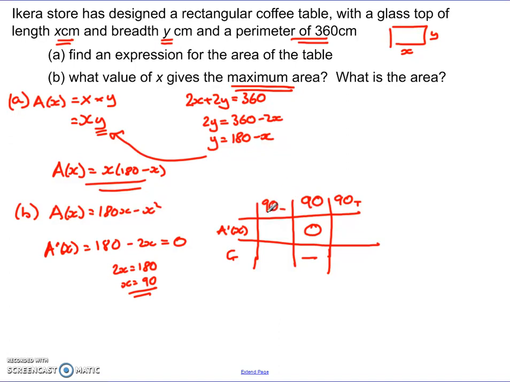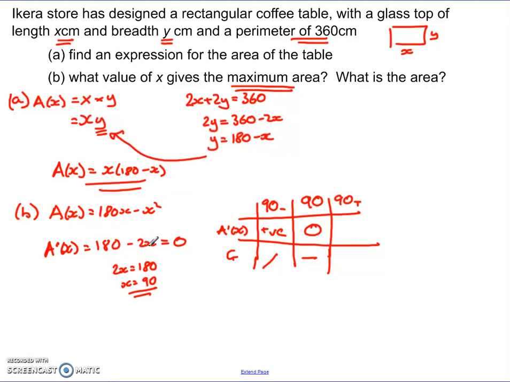If I look at 90 from below, let's say 89, I've got 180 take away 2 times that. Any value below 90, 2 times it is going to be less than 180. So I'm going to end up with a positive value, which means my graph's coming up. Any value above 90, the 2x is going to be greater than the 180.